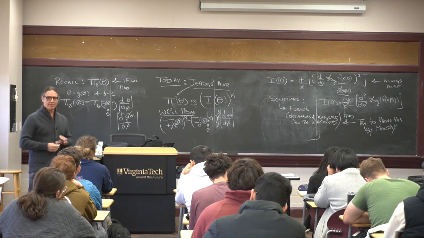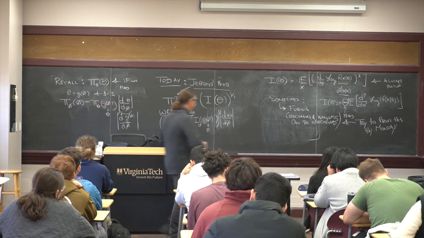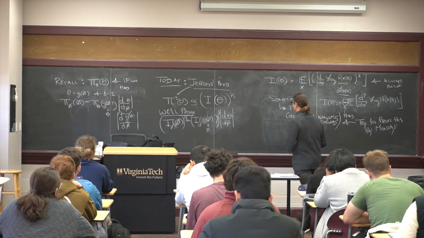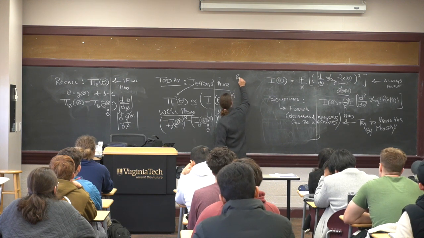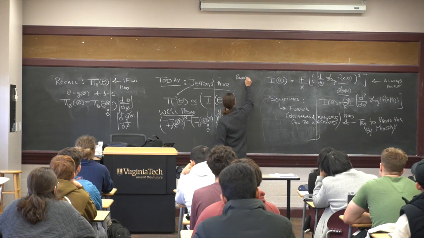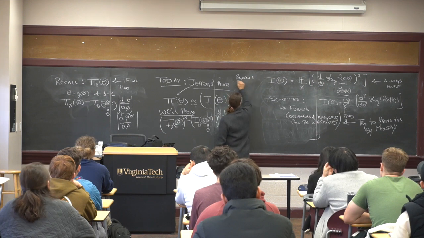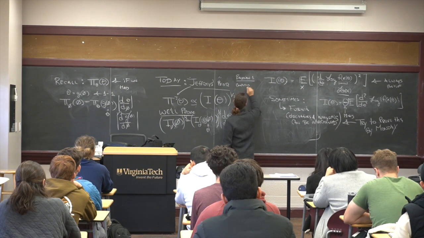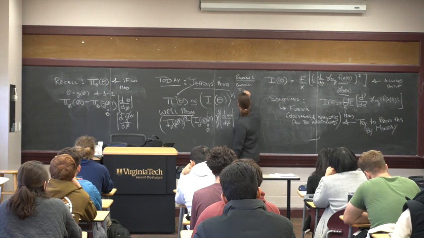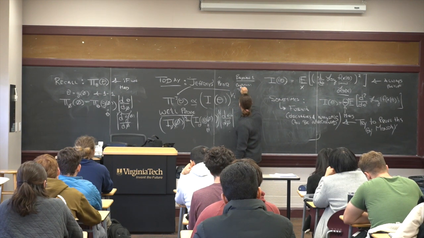So what that means is that if scientist 1, or I'll say statistician 1 or Bayesian 1, computes pi theta Jeffreys.